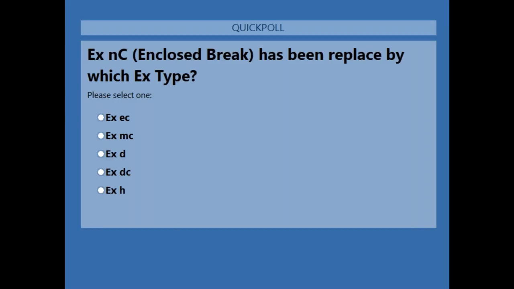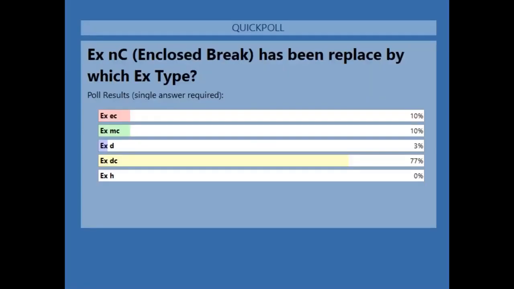I saw the percentage move down on the one that everybody was answering with. Okay, guys. Enclosed break has not become EC. EXNA, which is our non-sparking and arcing equipment, is EC.